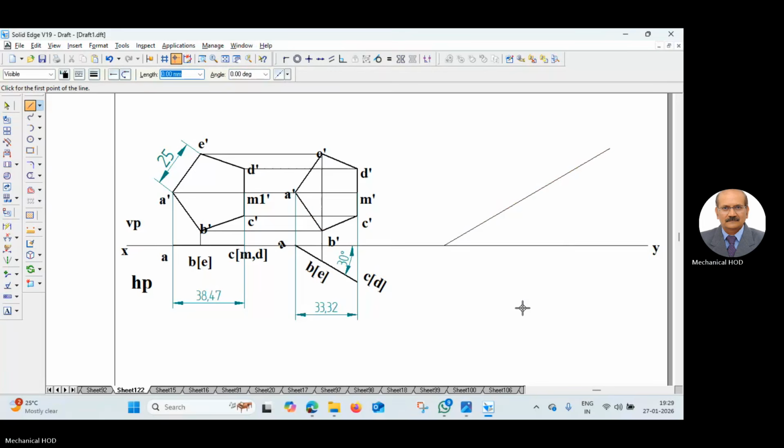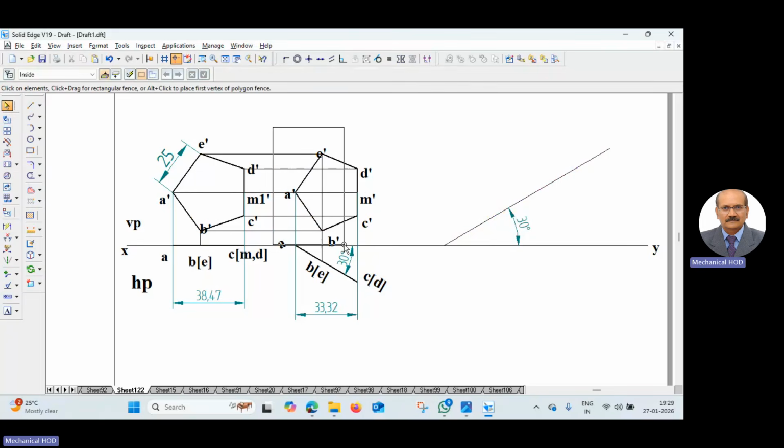Like this. And this is a 30-degree line. On this, you have to select the second top view.